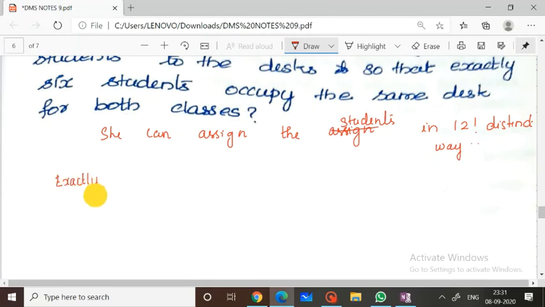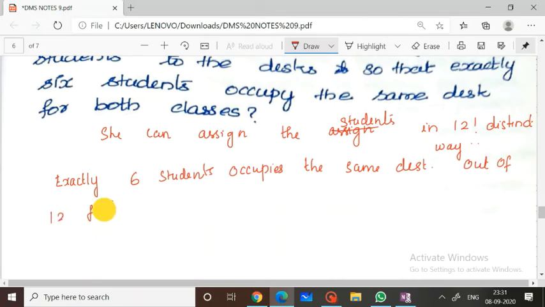Exactly 6 students occupy the same desk out of the 12 for both the classes, and the remaining 6 is there. So out of the 12 for both the classes, the remaining 6 is an arrangement.